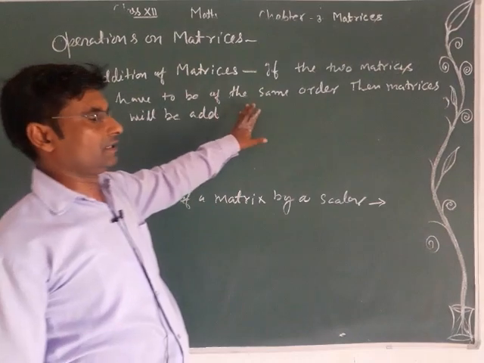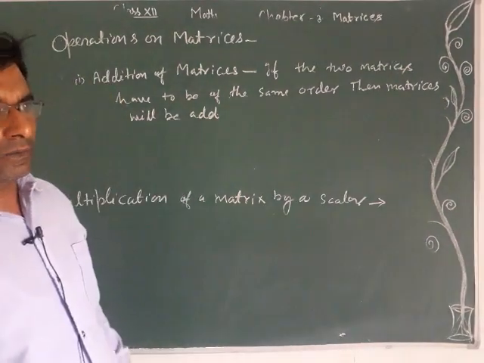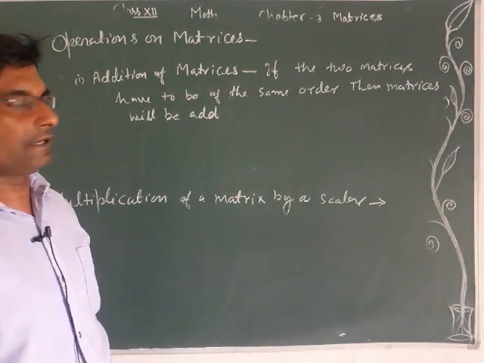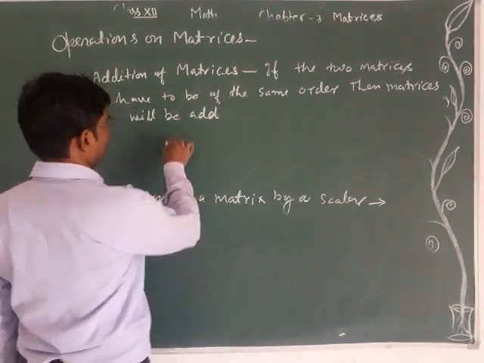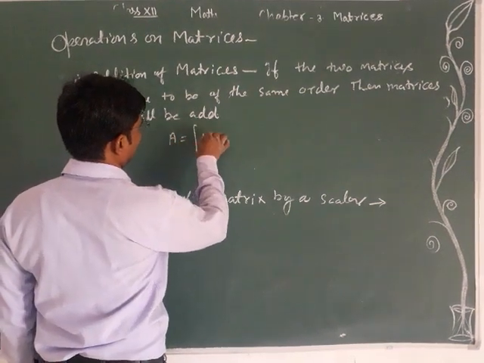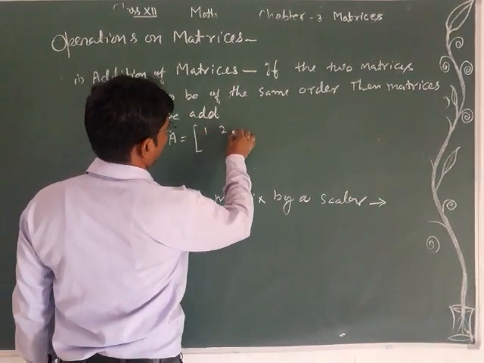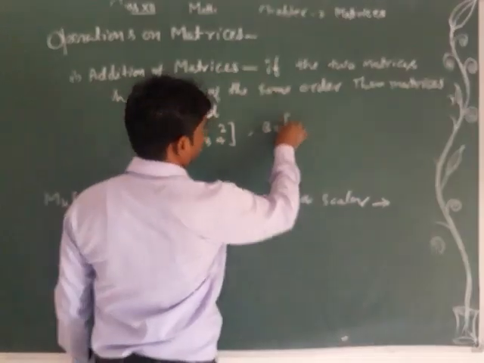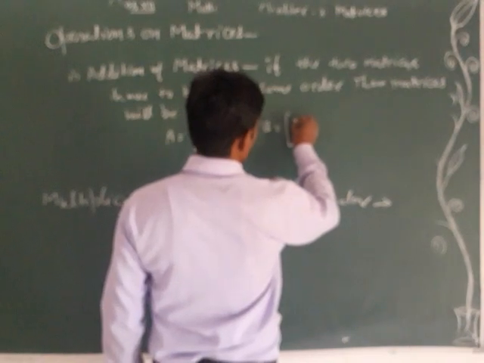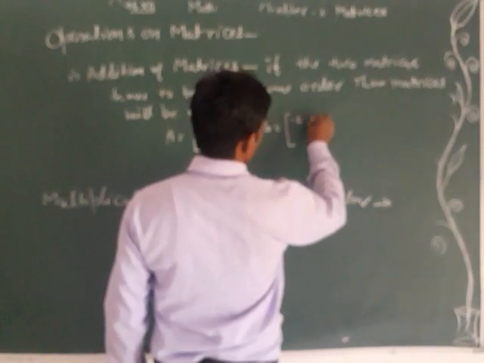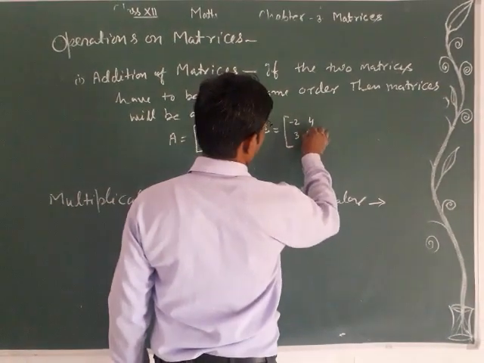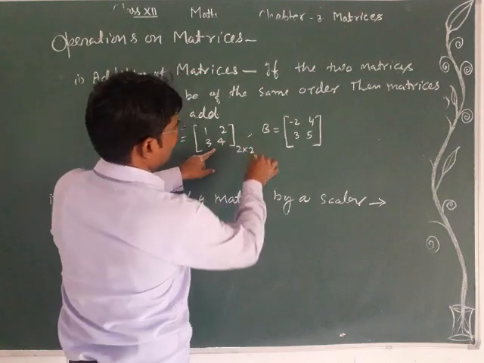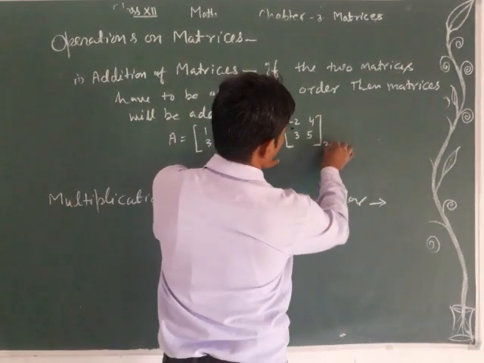Let matrix A have elements 1, 2, 3, 4 and another matrix B have elements -2, 4, 3, 5. They have the same order, 2 by 2 and 2 by 2.